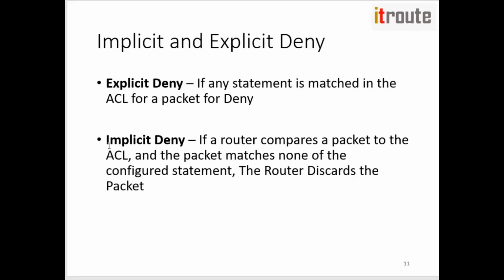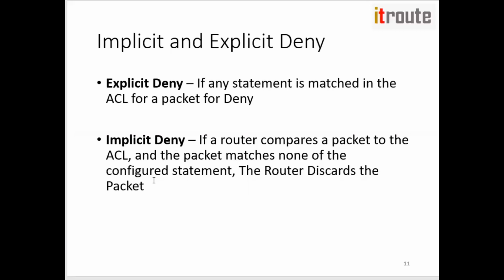That means you may have some subnet in your network, but you didn't configure anything for it, so the router doesn't know anything about that network. The router is not sure whether it should allow or deny, because nothing was configured.